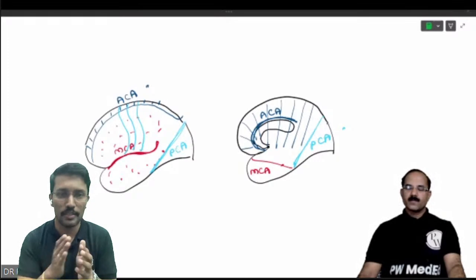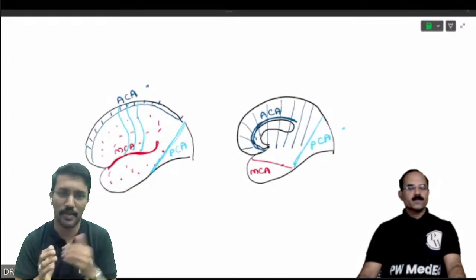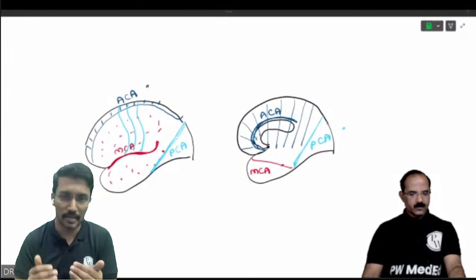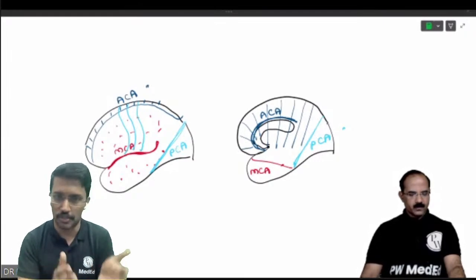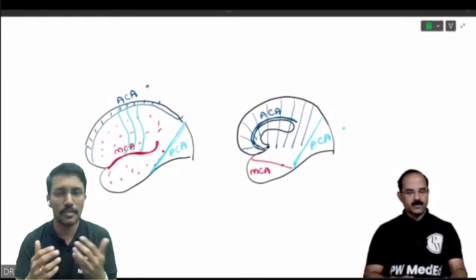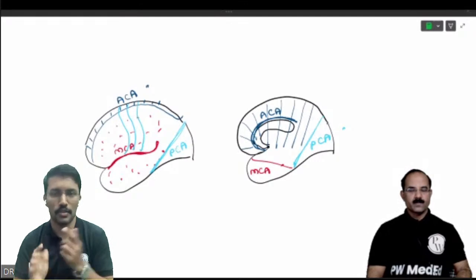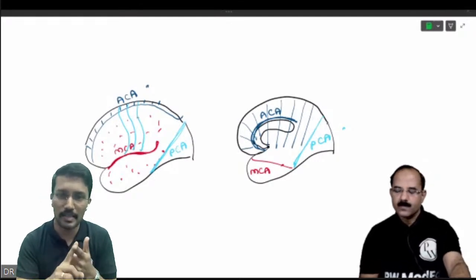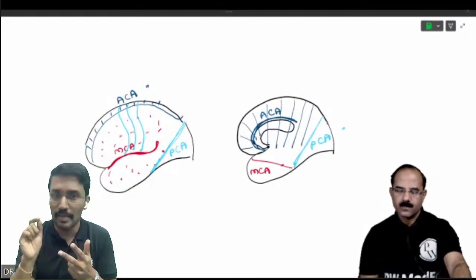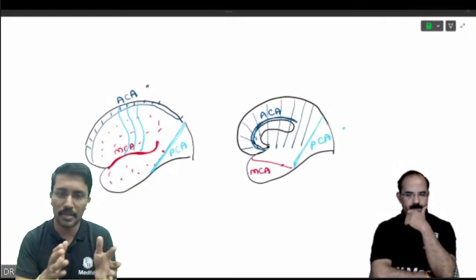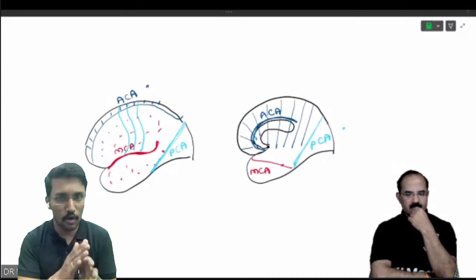Then you have a condition called frontotemporal dementia, where frontal lobe is degenerating, temporal lobe is degenerating, so patient can develop dementia and personality changes, right? Similarly, if there is a tumor in the frontal lobe, patient can develop personality changes. One, clear. So we know if there is a motor cortex lesion, patient will present with voluntary muscle weakness, right? Second, if there is a prefrontal cortex lesion, patient can present with personality or behavior changes.